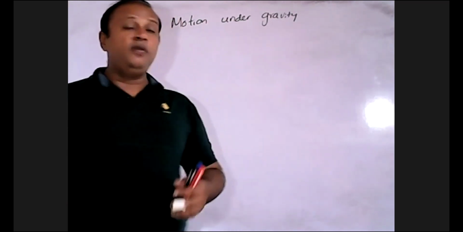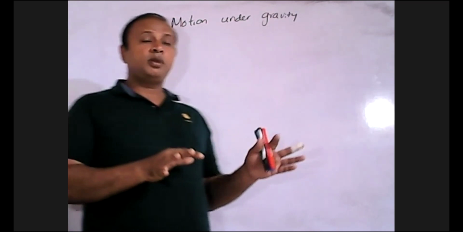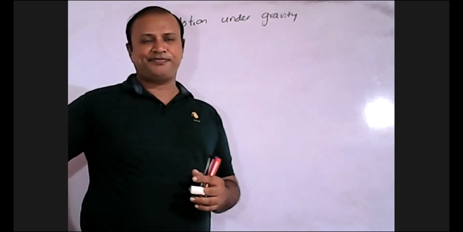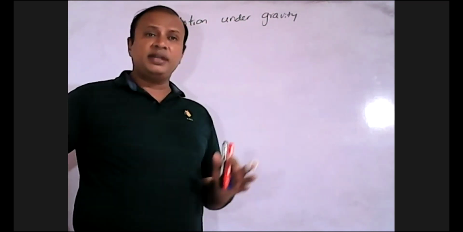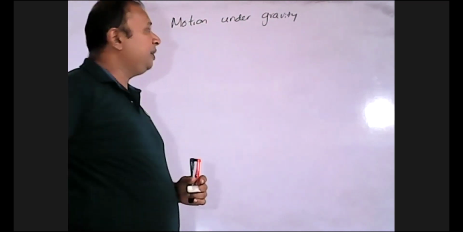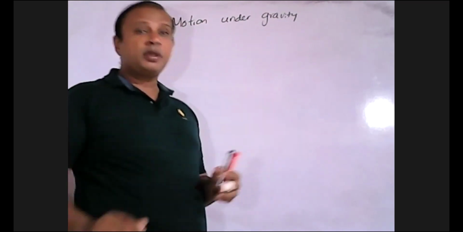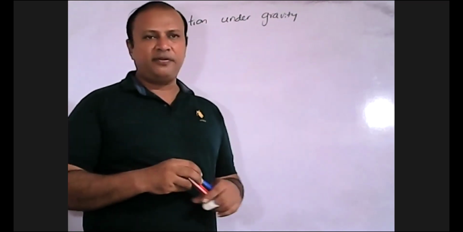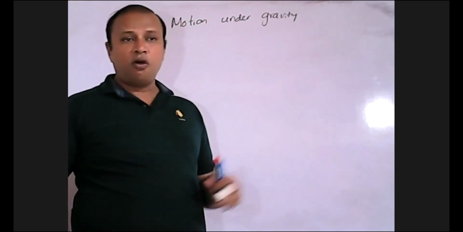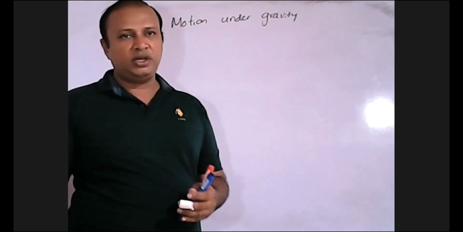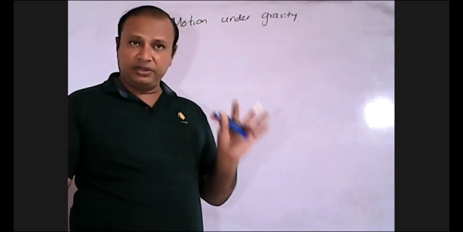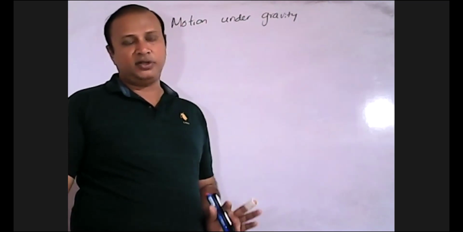But we are not going to consider all the forces acting on that motion. We are going to consider only the gravitational force. Therefore, we call this kind of motion motion under gravity. That means there is only one force we are going to consider, that is gravitational force.